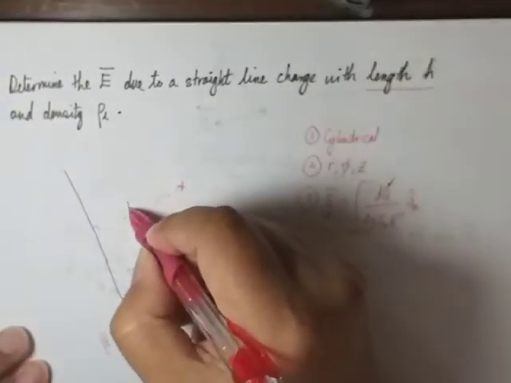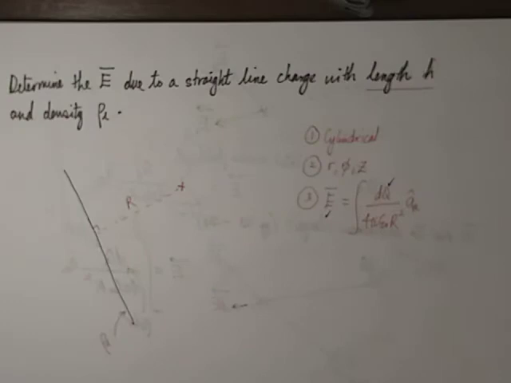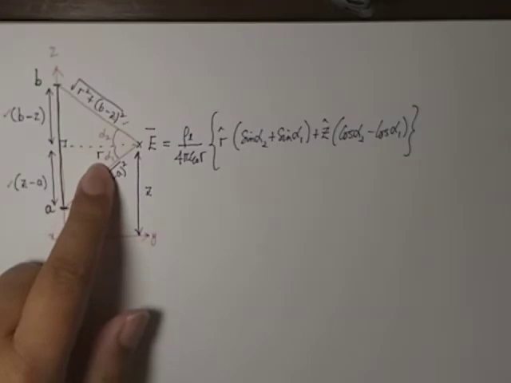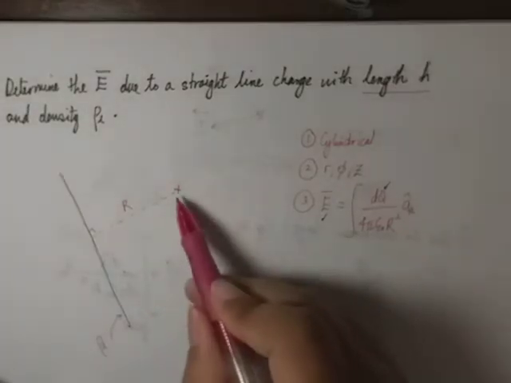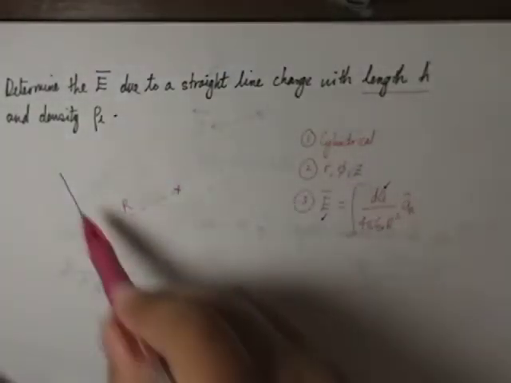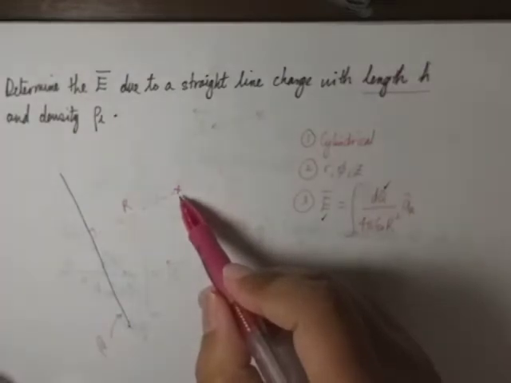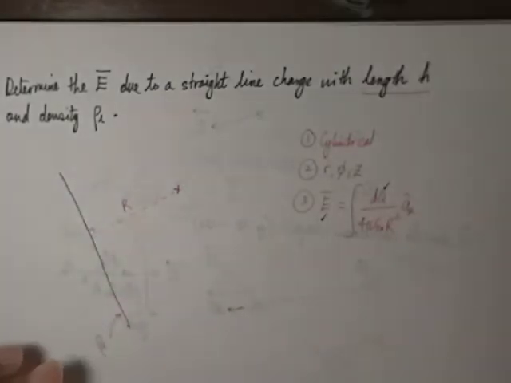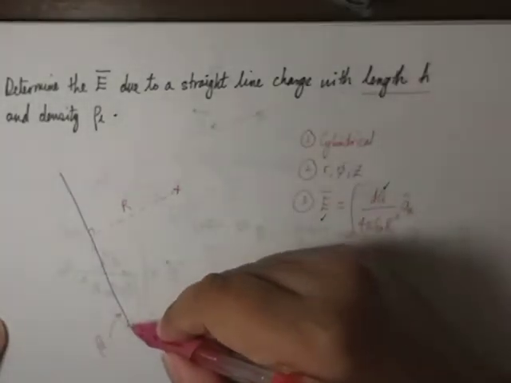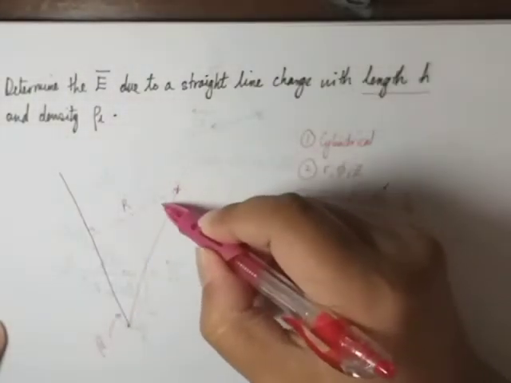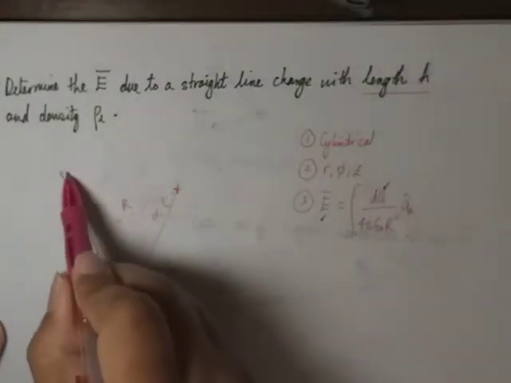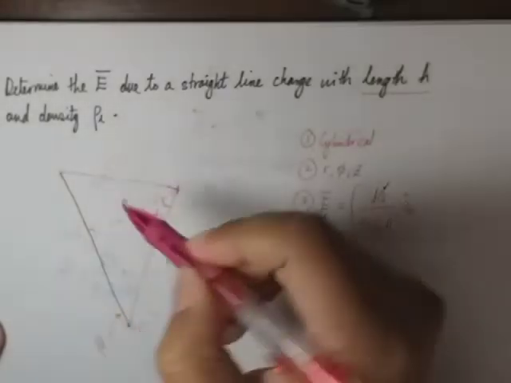I'm going to define that as my R, a general R. I'm not defining it as our R before, because those are based on cylindrical coordinates. This is just the length joining the line charge to the E position, making an angle of 90 degrees between each other. Then I'm going to define this limit as alpha 1, and this one as alpha 2.